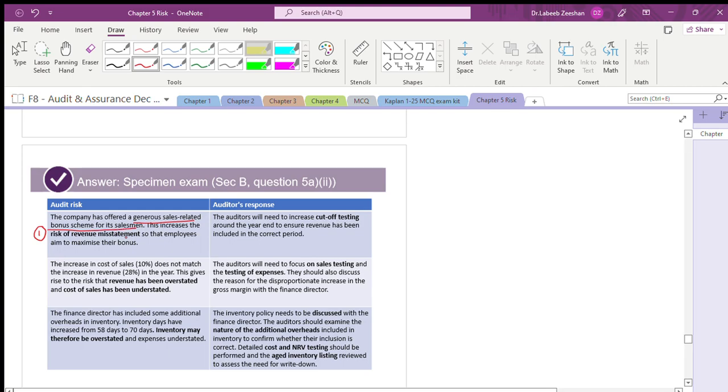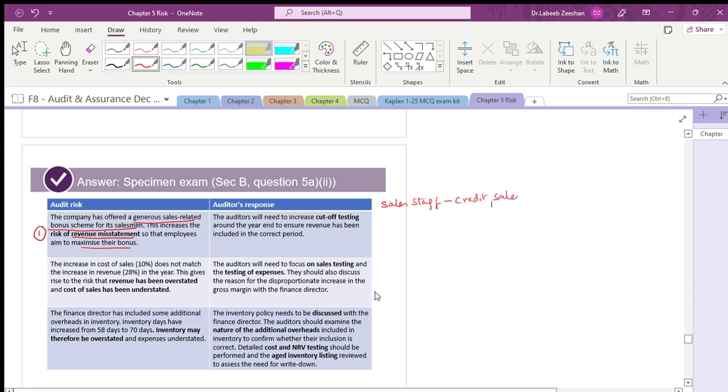This increases the risk of revenue misstatement. Employees will maximize their bonuses. They will sell as much as possible. As sales staff, they say yes, we have to show numbers. That's all. And then what will happen? There are credit sales.